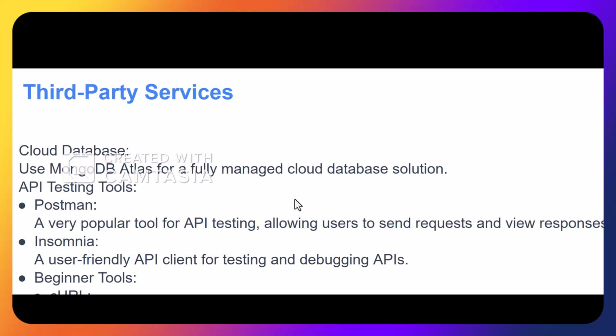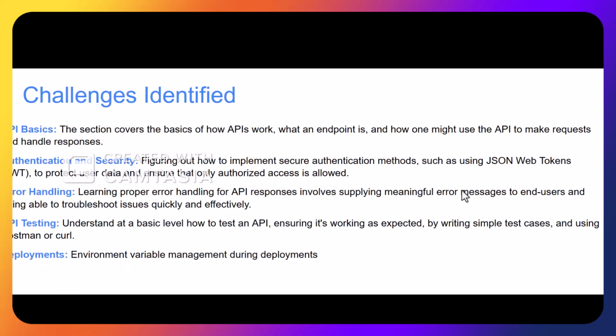Since this project is still in the planning phase, I've identified some challenges I'll likely encounter. For example, implementing security and ensuring data integrity will be a challenge. Performance will be another challenge, optimizing database queries and handling user growth efficiently.